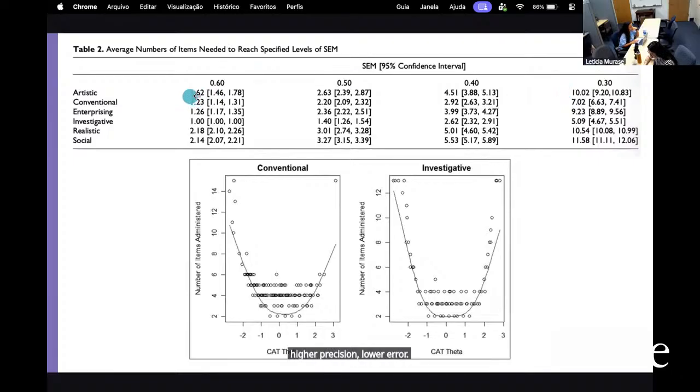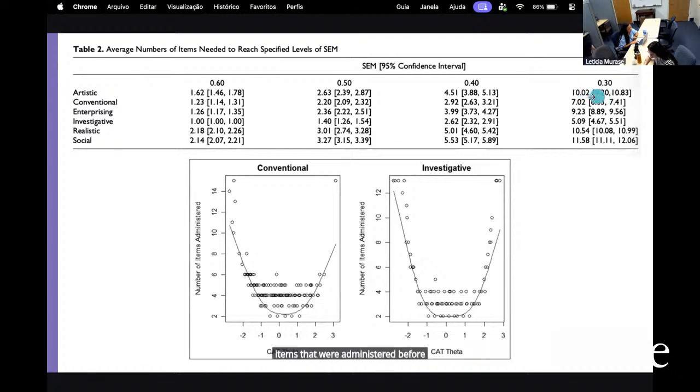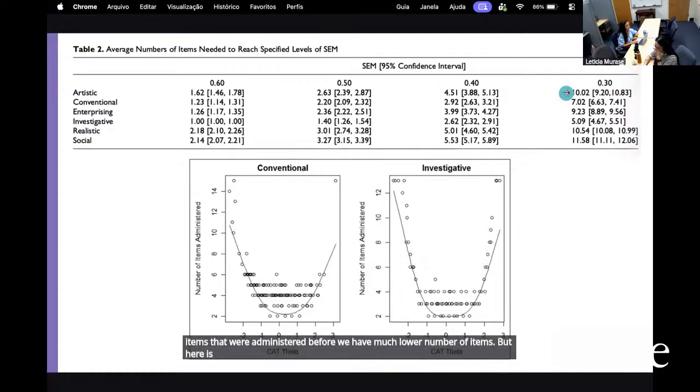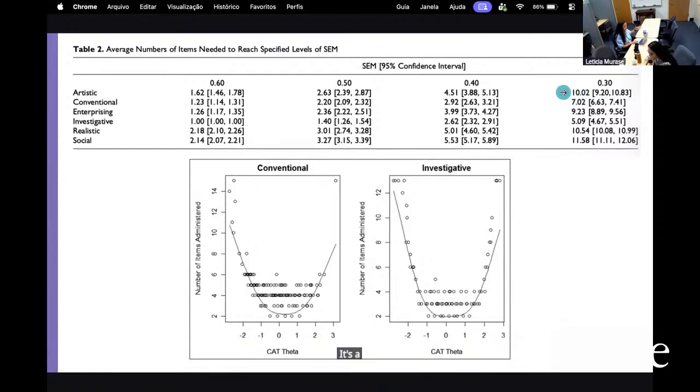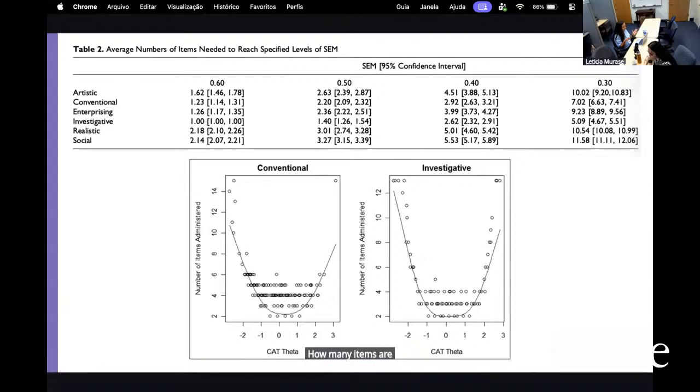So we go from almost 2 items per person up to 10 items per person. But if you compare with the 100 items that were administered before, we have a much lower number of items. But this is a mean of the number of items administered to each examinee, and we don't know how many items are necessary at different ability levels.